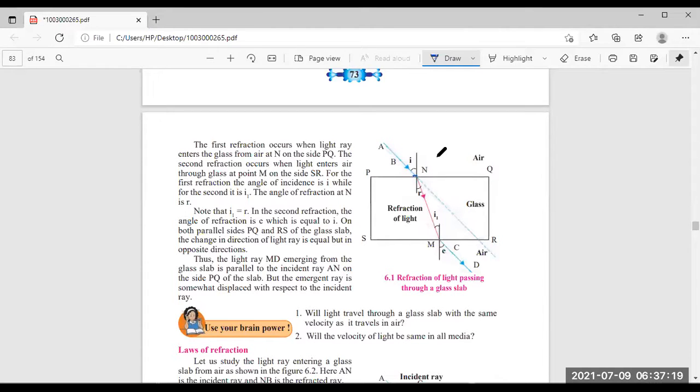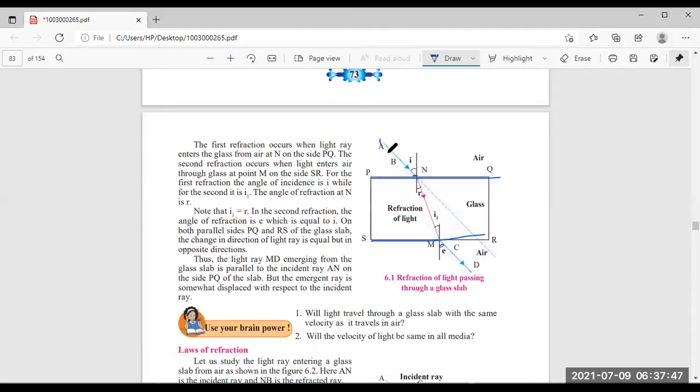So note that I is equal to R. In the second refraction, the angle of refraction is E, which is equal to I. This angle of emergence is equal to the angle of incidence on both parallel sides of PQ. Which is the parallel side? PQ's parallel side, RS.